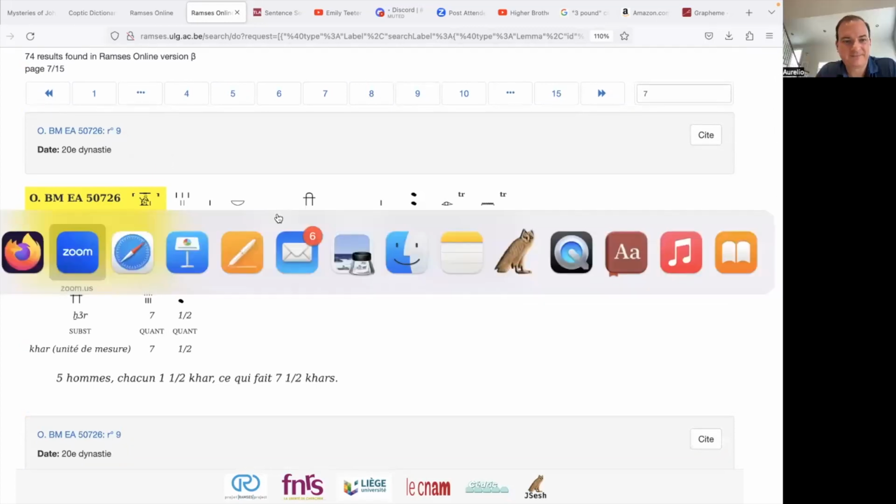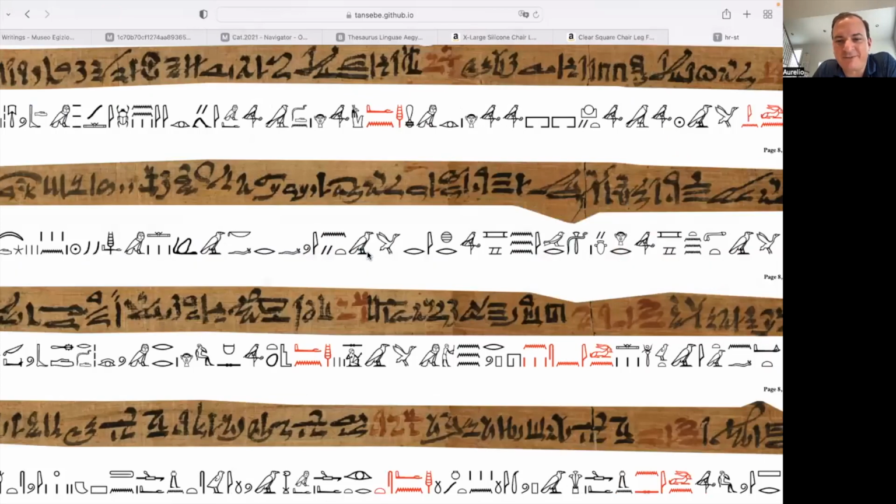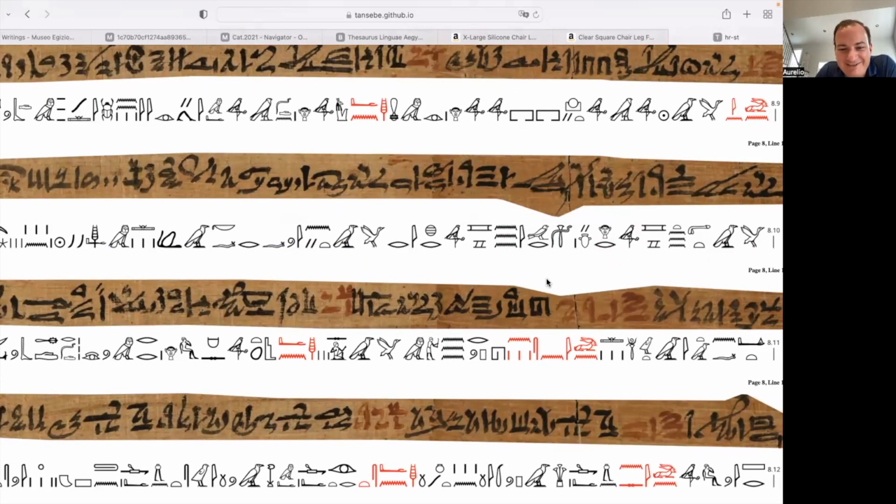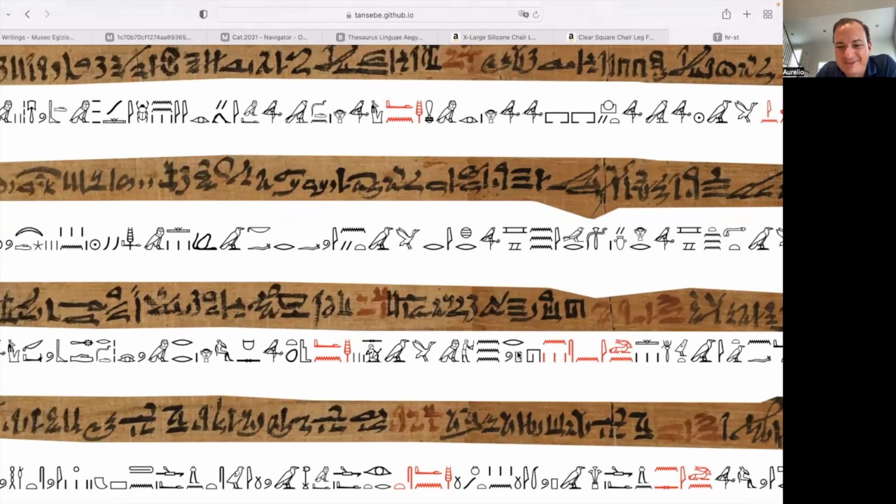Okay. Paper in the making: measure words in late Egyptian. Where were we? So the two of them. What have we decided? Then the two of them submerged as a pair, or the two of them submerged themselves, I guess you'd have to say in English. I think so. Makes sense.